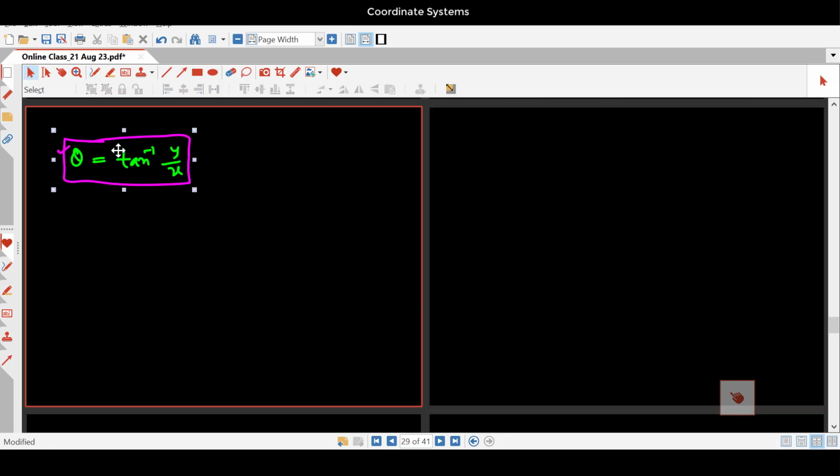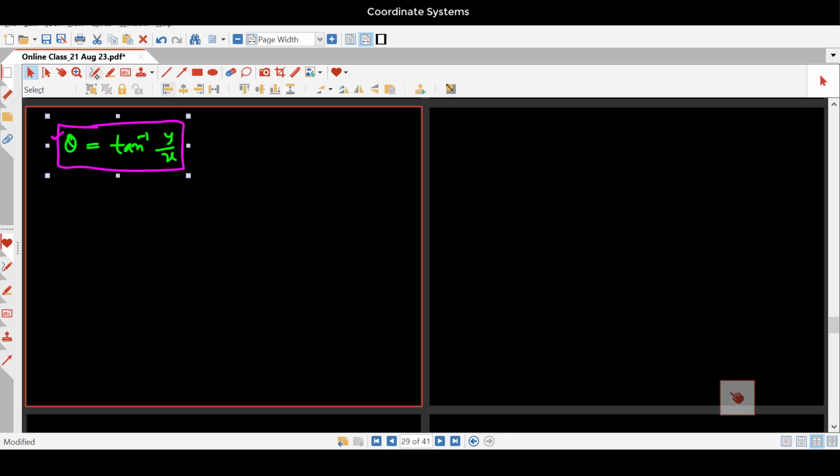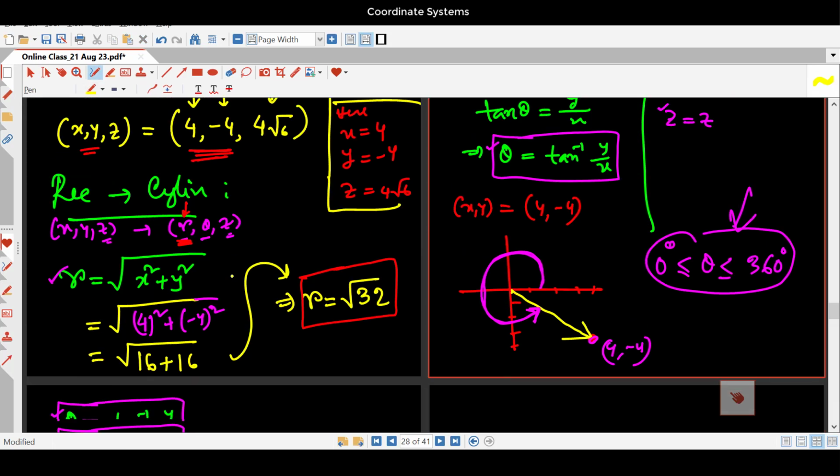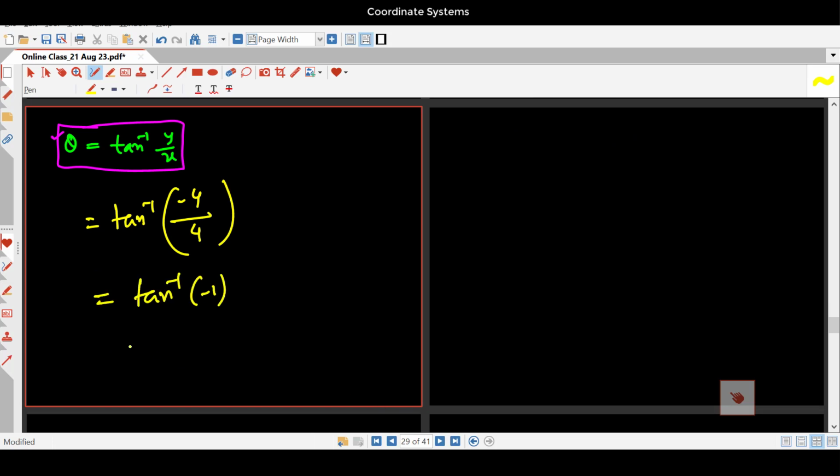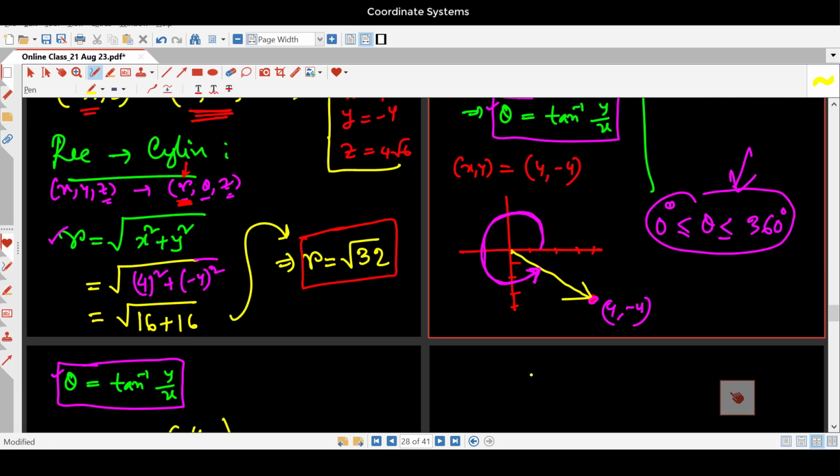So theta equals tan inverse y over x. Let's now calculate. From here we are getting tan inverse minus 1, and we can write minus tan inverse 1. That means minus 45 degree. So theta has been found, minus 45 degree. But minus means clockwise direction.